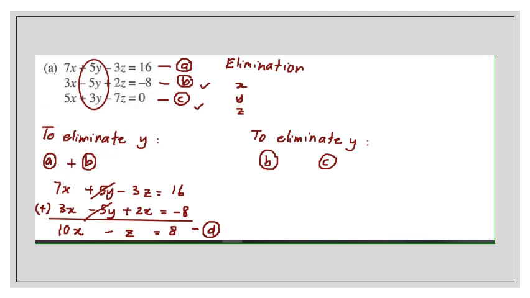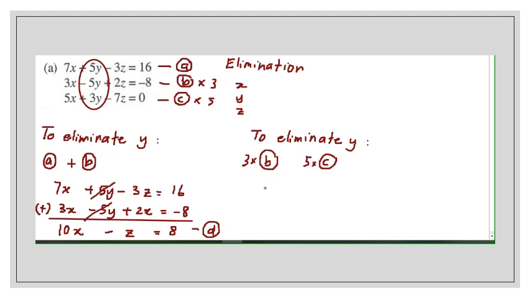So you make it the same variable by multiplying crossly. This one multiply by 3, this one multiply by 5. Equation B multiply by 3, and equation C multiply by 5.